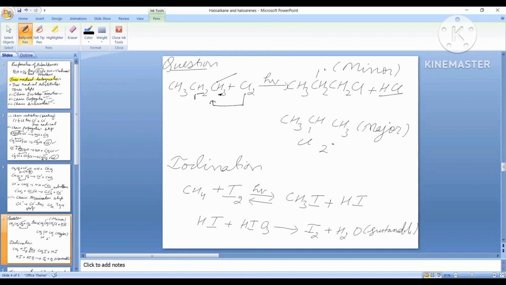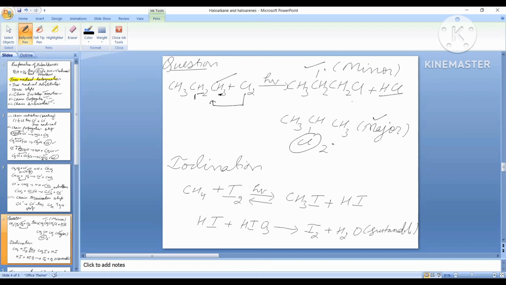You can remove one hydrogen from the middle carbon also, and chlorine will be added, giving CH3CHClCH3. There are two products: which is major and which is minor. We can say this is the major product and this is the minor product because this is attached to a secondary carbon, and that is attached to a primary carbon.